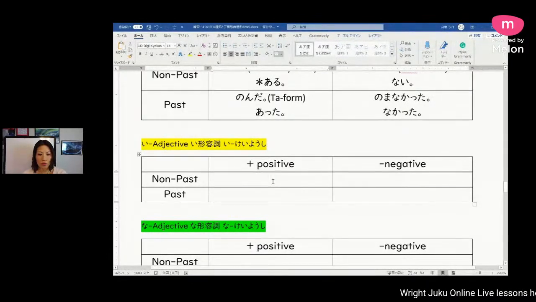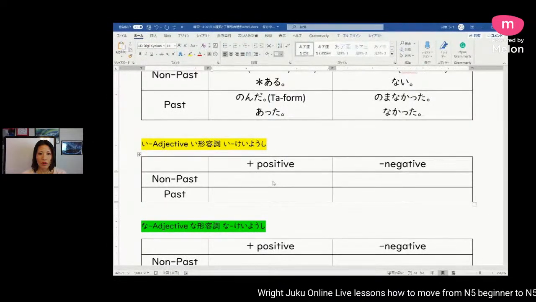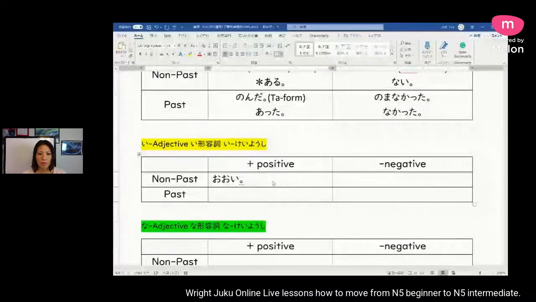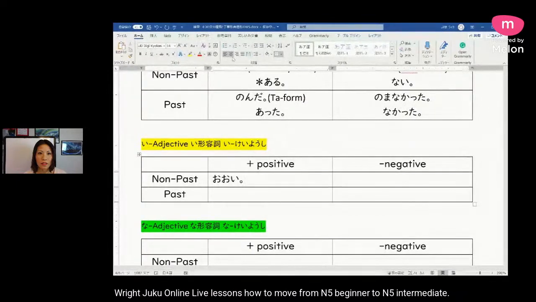All right, for the e adjective, we chose oi. I'll give you some time.